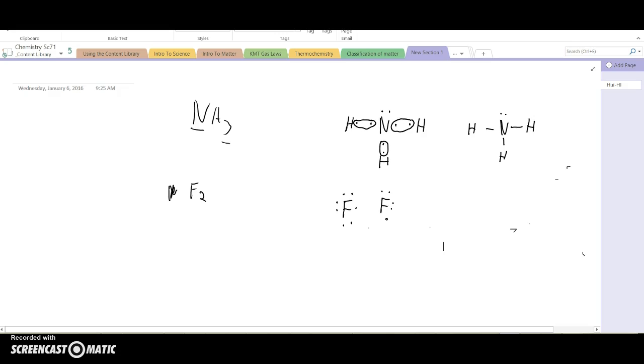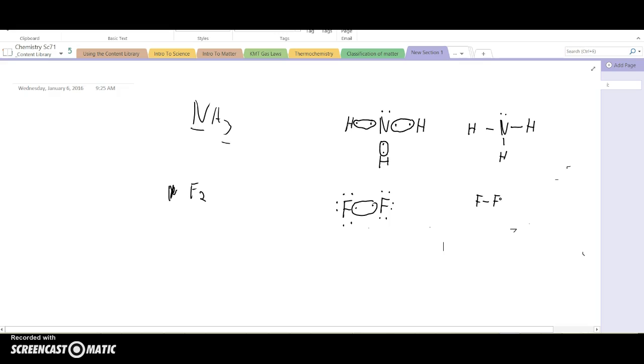Again, I'm going to draw my Lewis dot diagrams in such a way that my bonding sites line up with each other. So now, circle that pair of electrons. I have a single bond between 2 fluorine atoms.